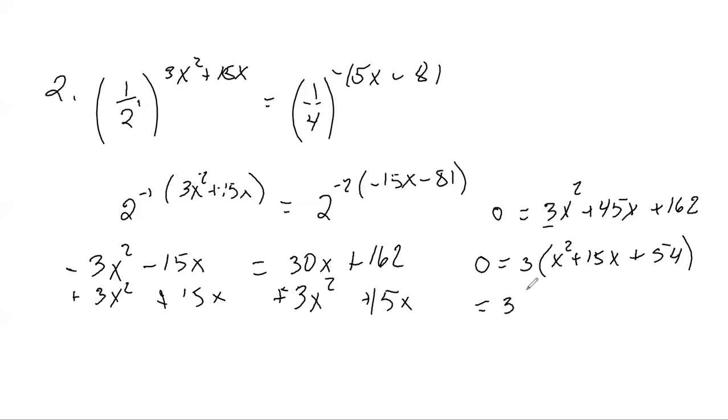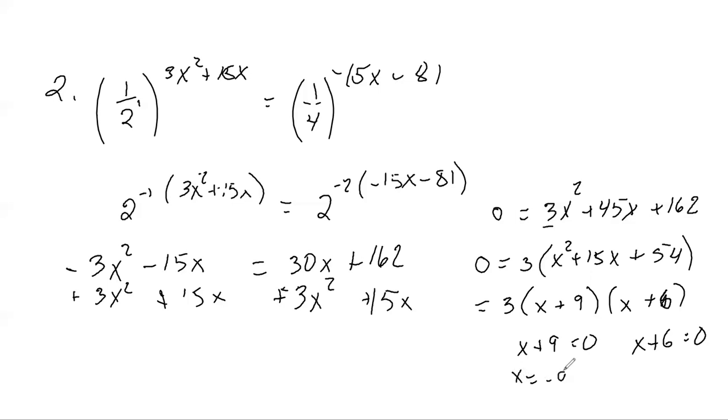Two numbers which add up to 15 and multiply to 54 are 9 and 6. X plus 9, x plus 6. Using the zero product property, x plus 9 equals 0, or x plus 6 equals 0. So x equals negative 9, x equals negative 6.